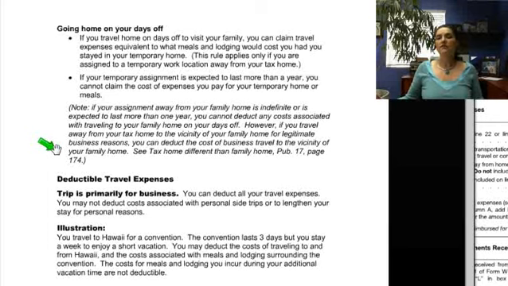IRS is saying that the $300 that you don't spend staying at the temporary work location because you do come home to visit your family, well, the costs of traveling home to visit your family are deductible up to that amount. So let's say that traveling home to your family means getting on a plane and paying for a ticket to fly home for the weekend. Well, the ticket would be deductible to the extent that it would have cost you to stay in the temporary location. That is up to $300.